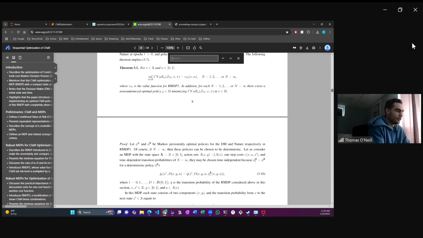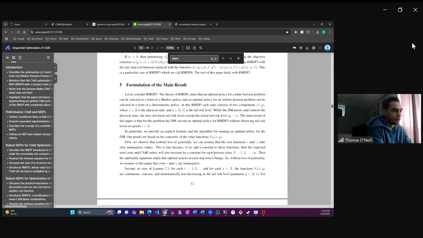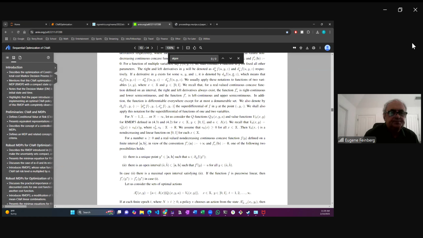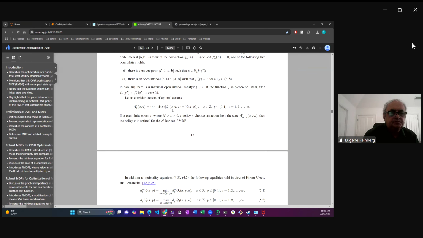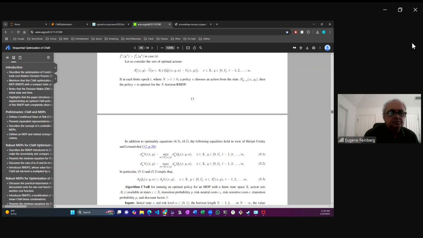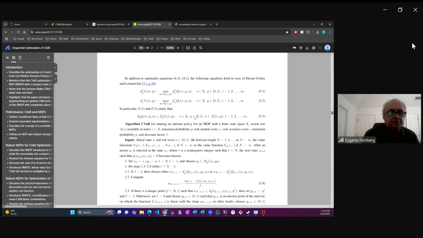They write out the algorithm specifically. Right here. So you start out with these inputs.